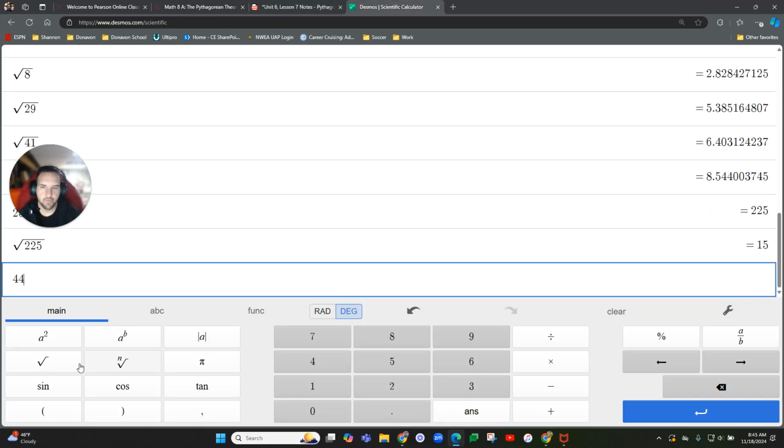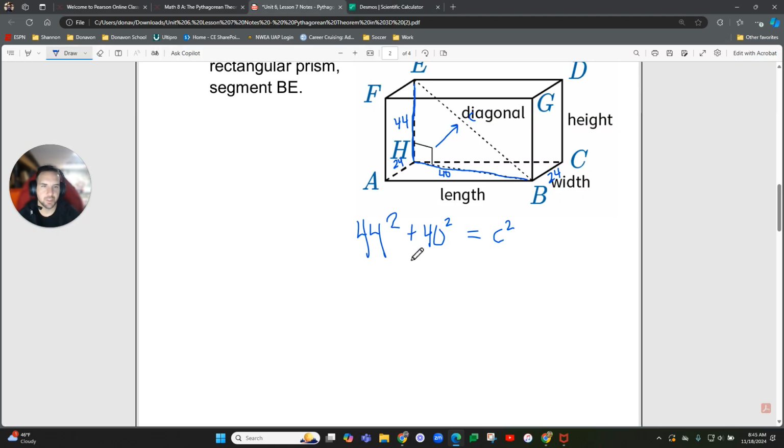All right, so 44 squared plus 40 squared is 3,536. So 3,536 is equal to c squared, and then again just take the square root to find what c is, and this is going to be in centimeters.